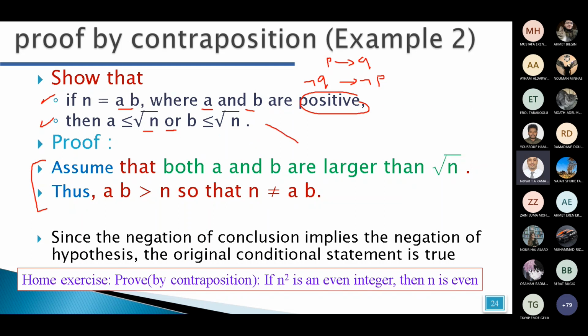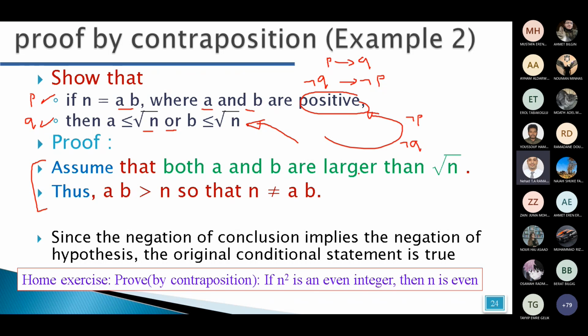So we have to start with the opposite of this one to reach the opposite of this one. This one is P, this one is Q. So we will start from not Q to reach not P.